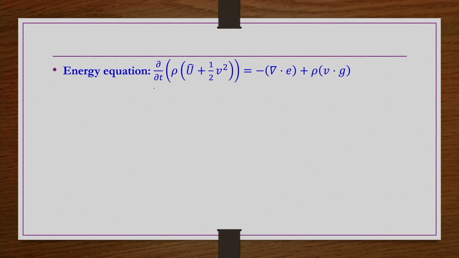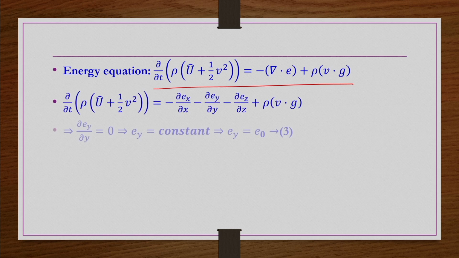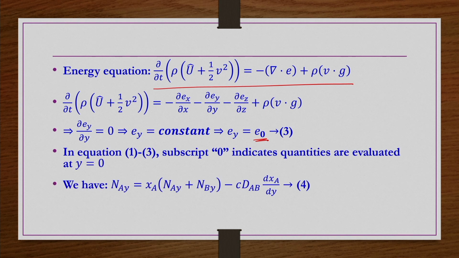So, now energy equation, simplification of energy equation is exactly the same as we have done previously, right. So, but that dou by dou y of Ey is equals to 0, and then Ey is equals to E naught. That constant we do not know, we are calling it E naught. Now, the combined flux equation is given here.